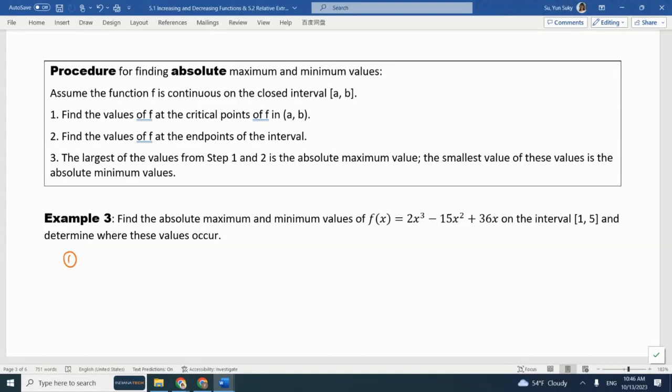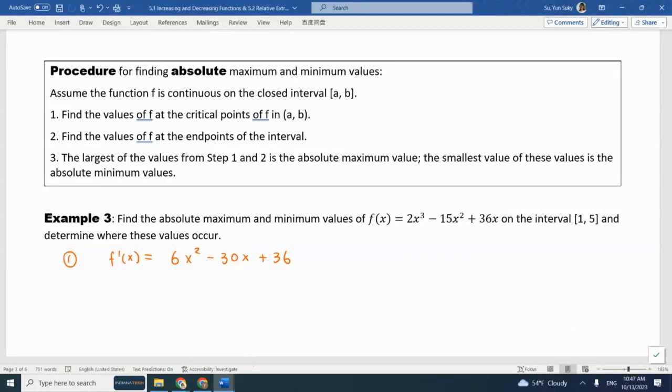So we find the derivative. Layla, what's the derivative of 2x cubed? Yes, 6x squared. Next term. Good. Next term. Good.